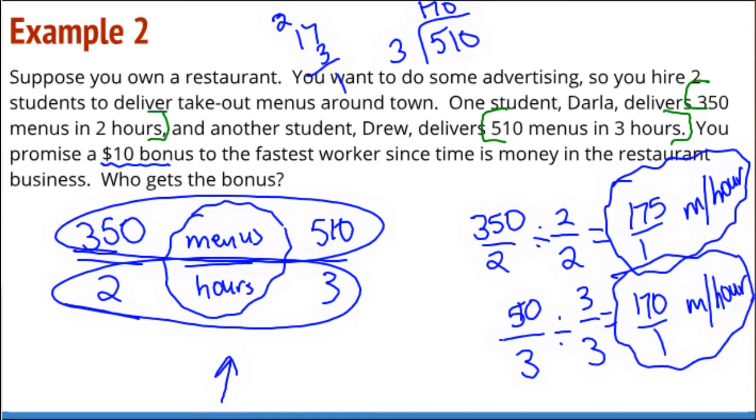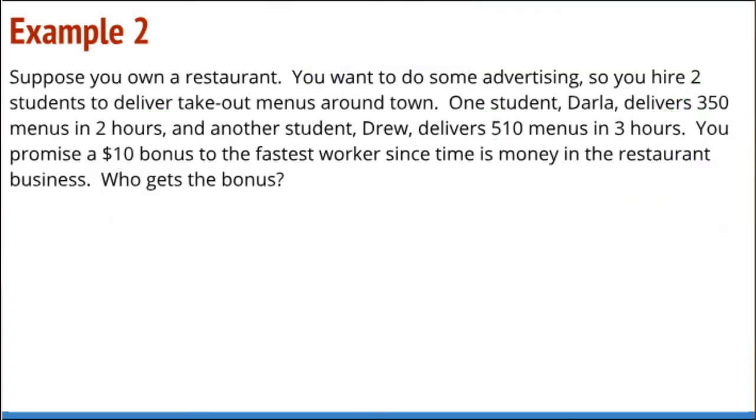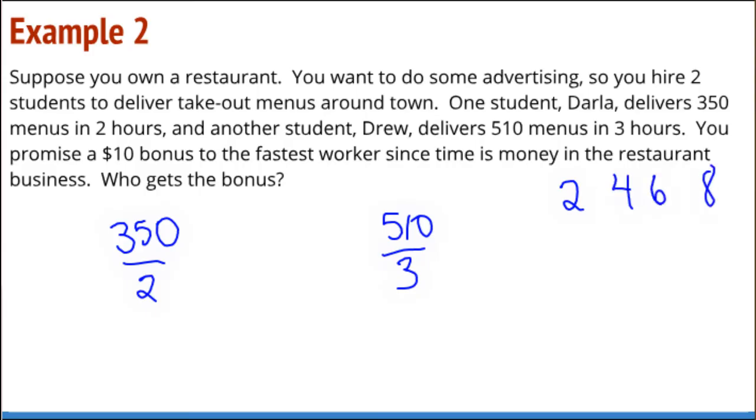So I have scaled this one down to find a solution. I could also scale up. I could find the least common multiple. I could have 350 to 2 and 510 to 3, and for least common multiples, I count by 2's and I am looking for the lowest number that is on both lists of multiples.